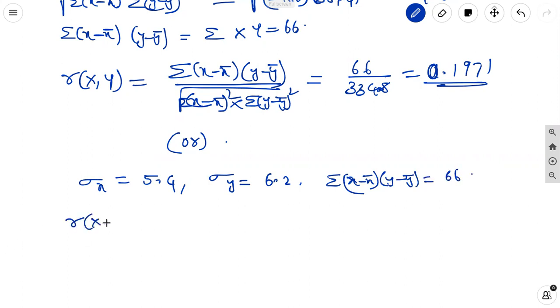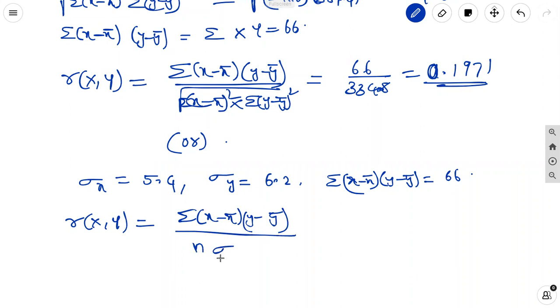R of x comma y is equal to expectation of xy minus expectation of x into expectation of y, or summation of (x minus x bar) into (y minus y bar) by n into sigma x sigma y.